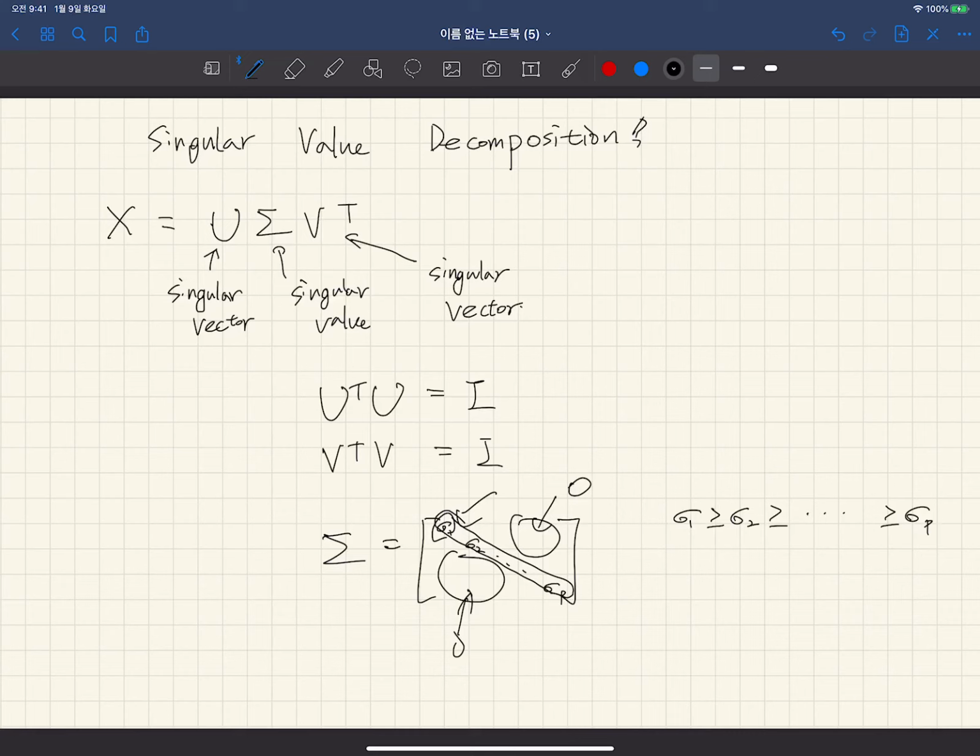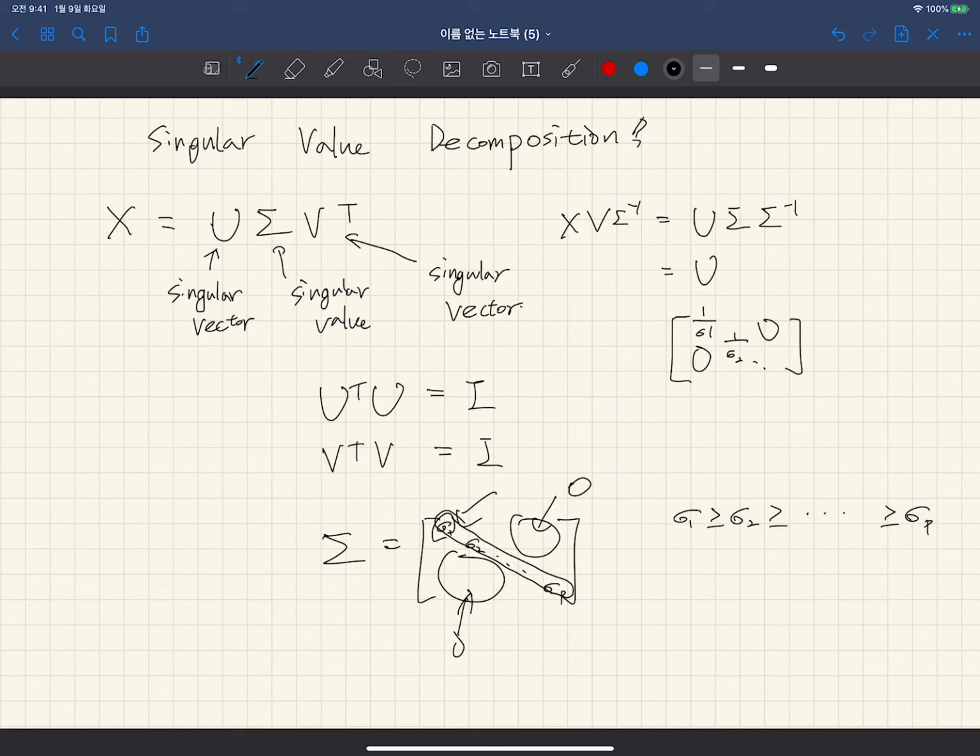And if you multiply the V matrix here, then since V transpose V is the identity matrix, X times V is U times sigma. And so you multiply the sigma inverse matrix, and by the way, the sigma inverse matrix is just another diagonal matrix with 1 over sigma 1, 1 over sigma 2, and so on, which is basically equal to the U matrix.